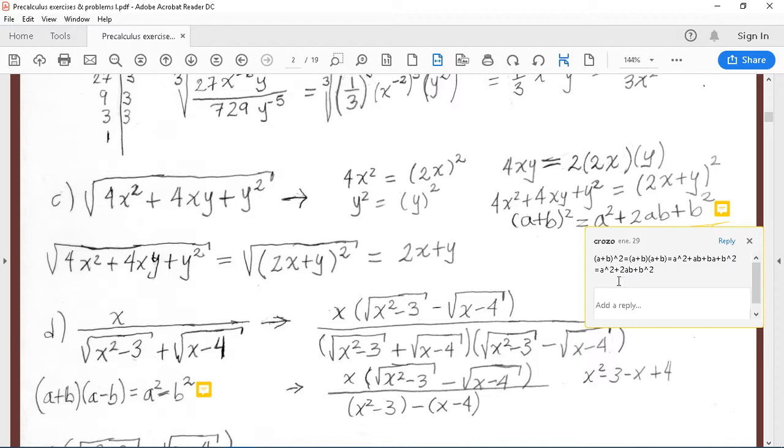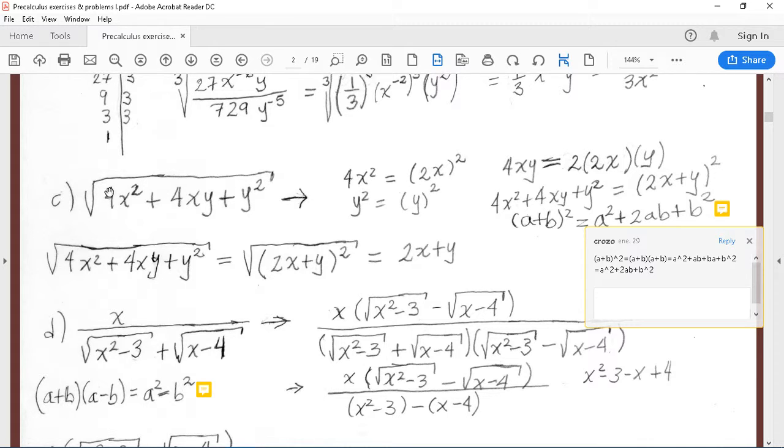Okay, so 4x squared equals 2x squared. y squared equals y squared. And 4xy equals 2 times 2x times y. So I have a square here, a square here, and the double product of 2x and y.